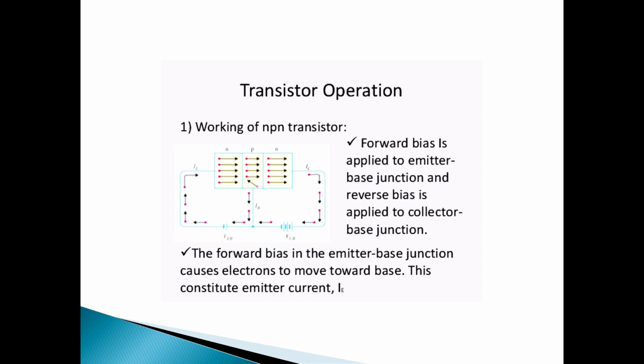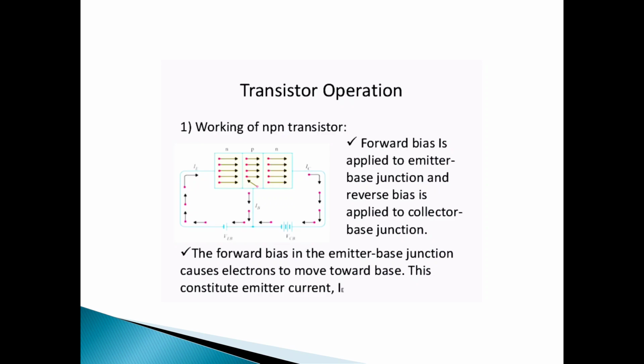So what is the solution? That is, any one of the terminals is made common to both the input and output side. If base terminal is made common to both input and output side, it is known as common base. If emitter terminal is made common, it is known as common emitter. And if collector terminal is made common, it is known as common collector.